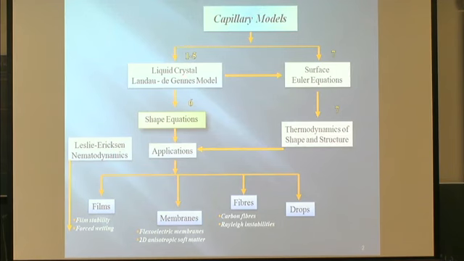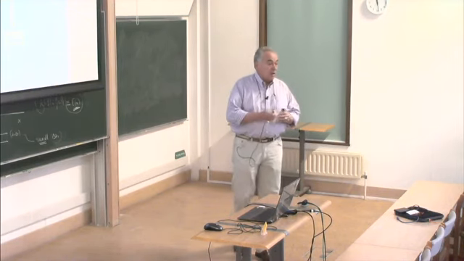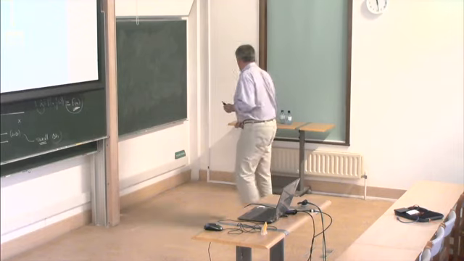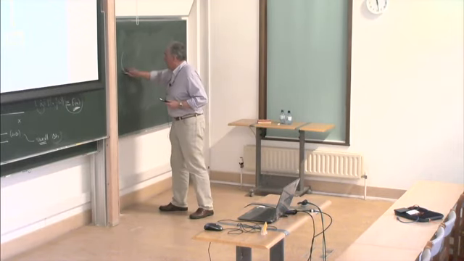So with this, I covered like 16 topics on Monday based on the physics in the Landau-de Gennes type of model. What remains is to talk about shape equations. So what kind of equations do you need to describe the shape of nematic systems, which is different than isotropic systems?